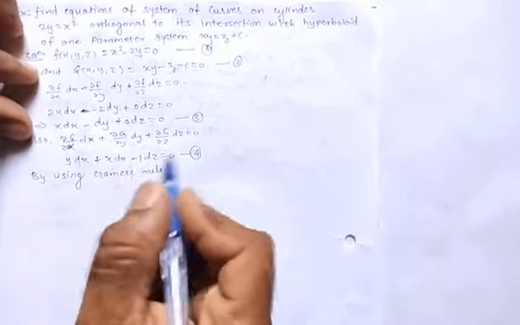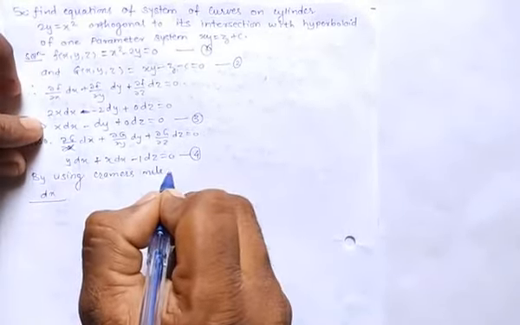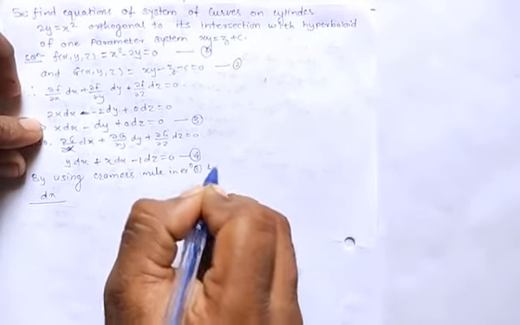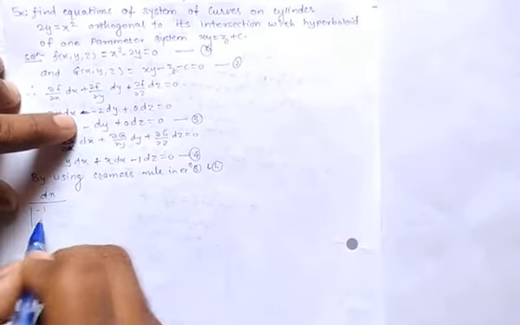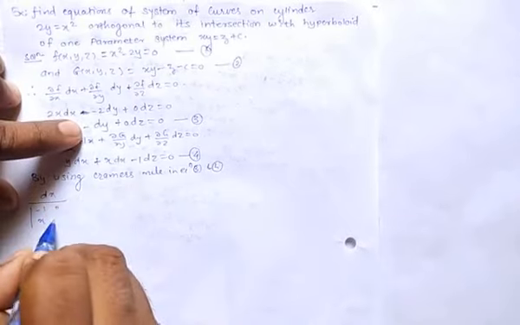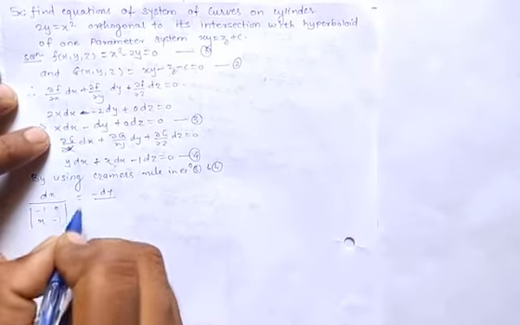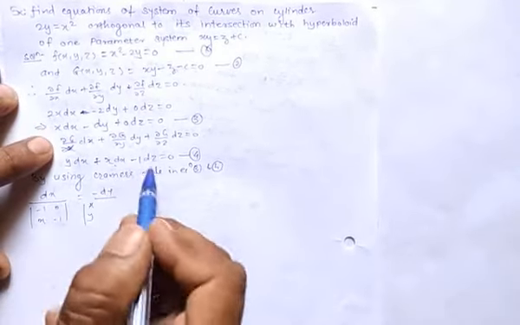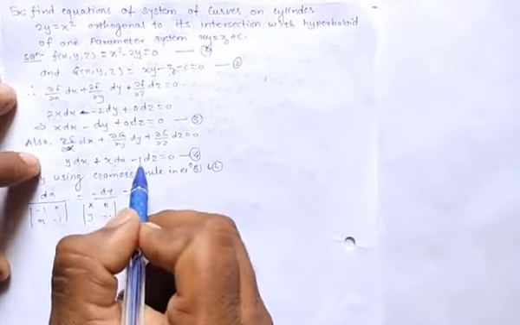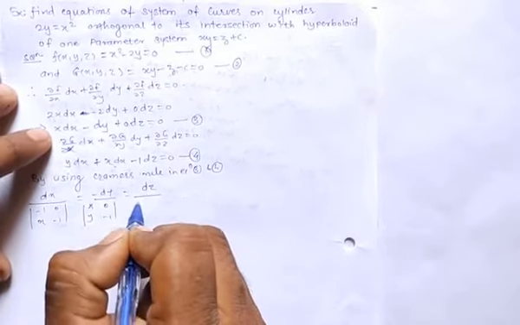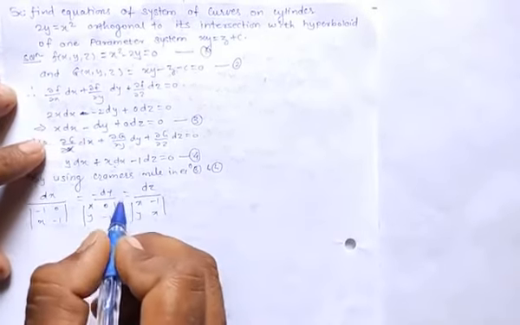Using 3 and 4, we get dx upon: leave the first column, so here minus 1 and x, and second row 0 and minus 1, equal to minus dy upon: leave the second column, so x, y, and here 0, minus 1, and last we leave the third column: dz upon x, y, and here minus 1, x.